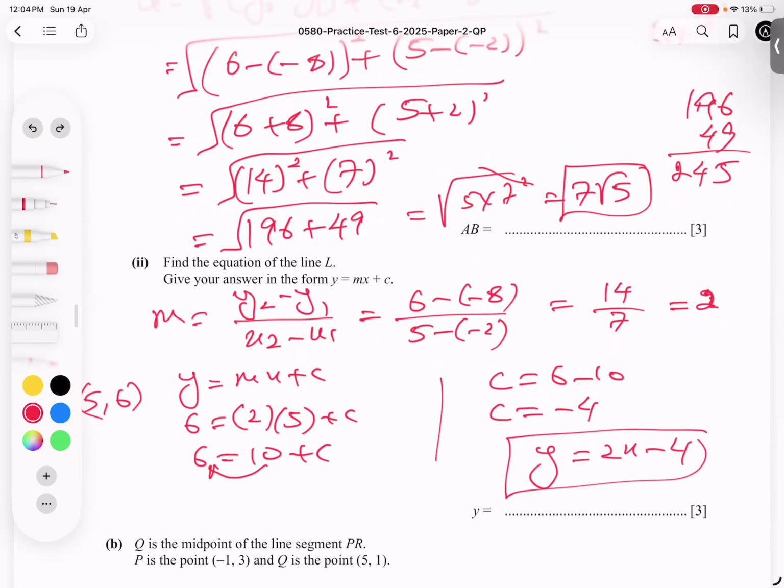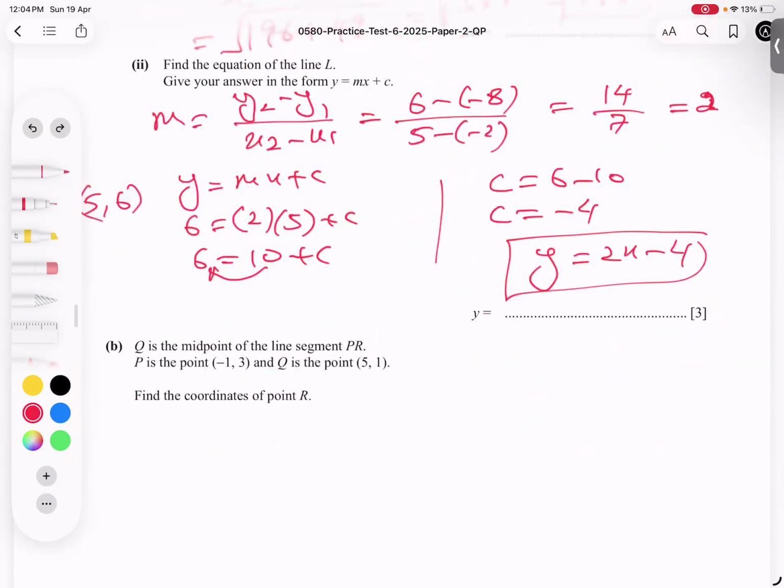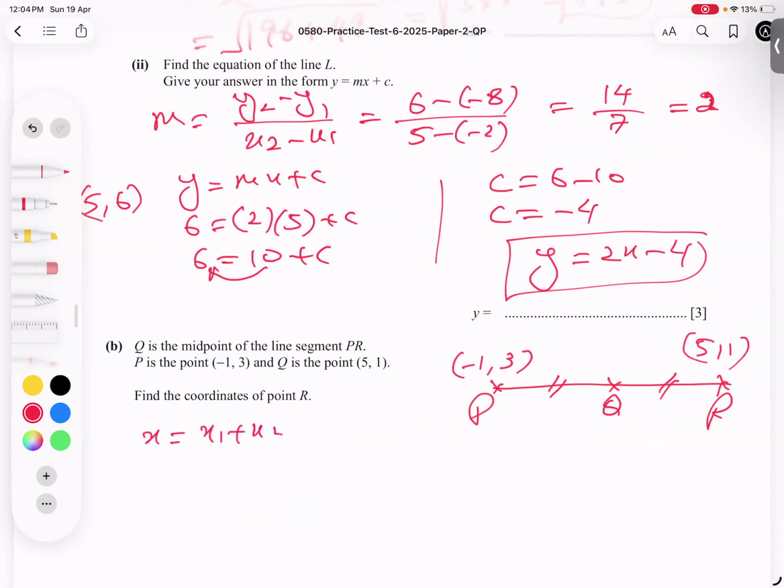Done. Now he's asking, Q is the midpoint of the length PR. Is P here? R here? And he said that Q is a midpoint. Oh, sorry, midpoint formula, not distance formula. Q is the midpoint in the middle of PR. So P coordinates are negative 1, 3, and R is 5, 1. Students, you know the midpoint formula very well: x1 plus x2 divided by 2, y1 plus y2 divided by 2.